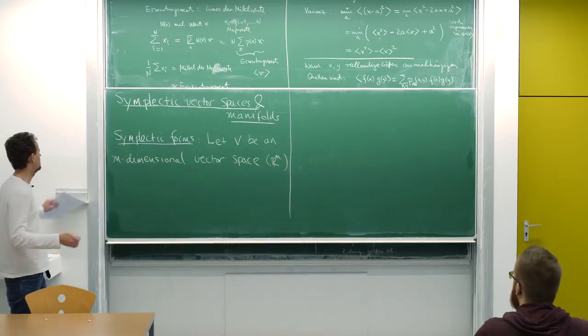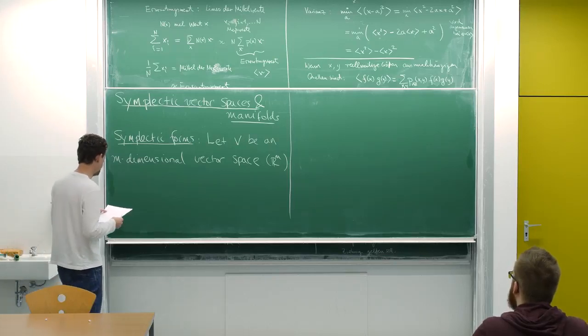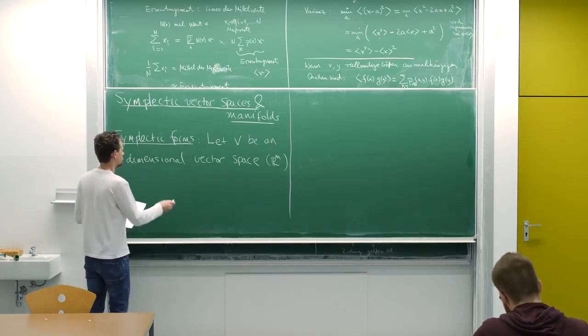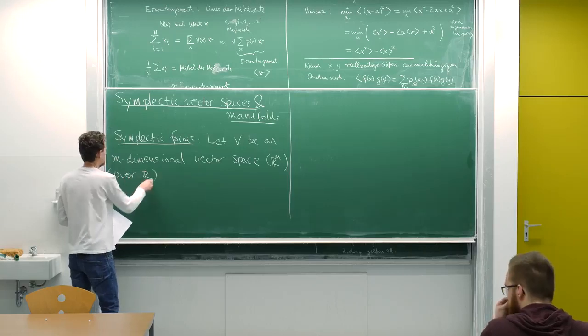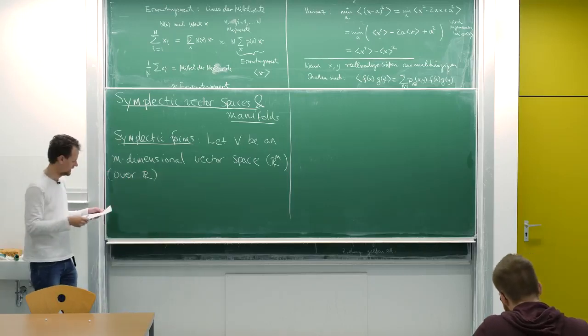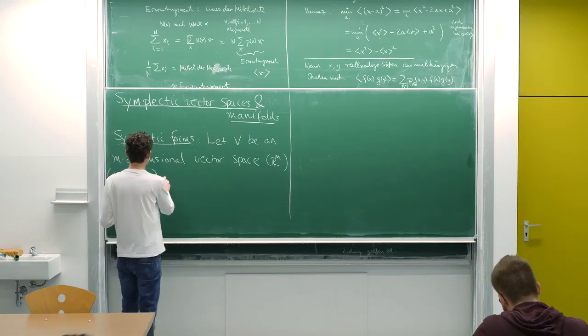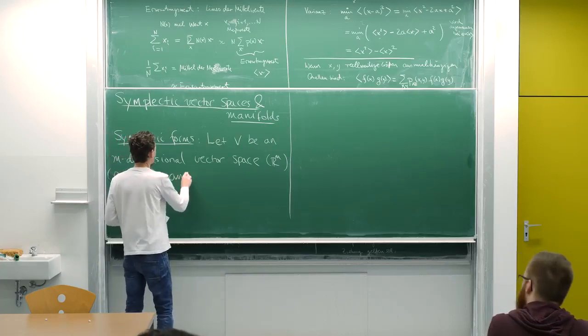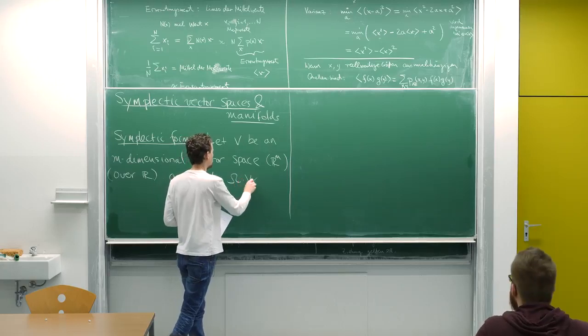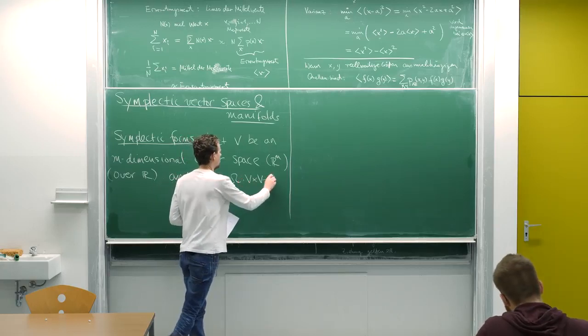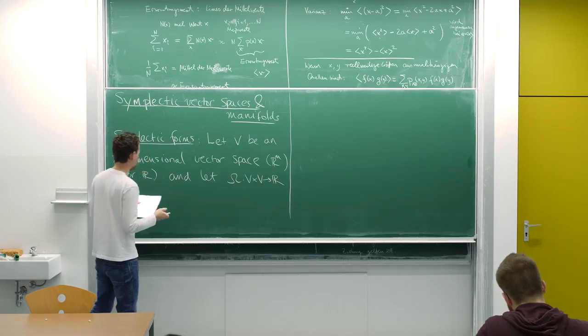So let V be an m-dimensional real vector space. So it's a real vector space, and let omega be a bilinear map.